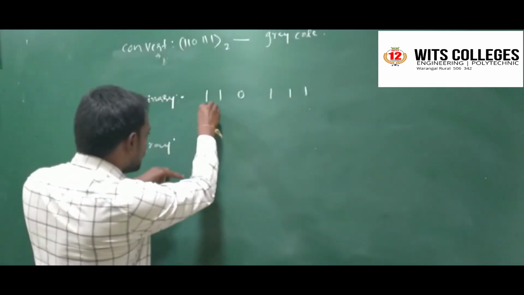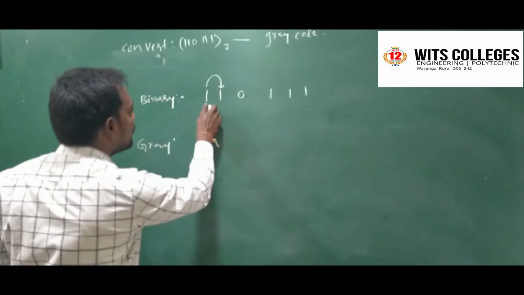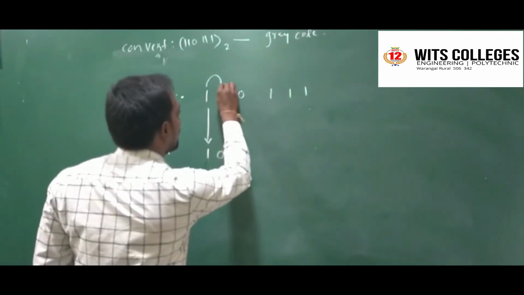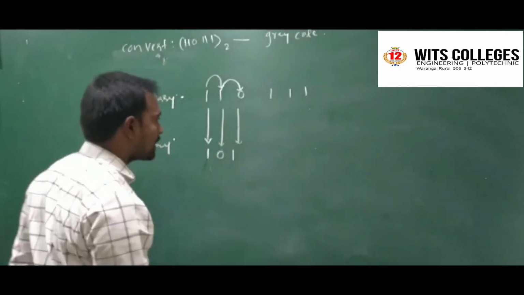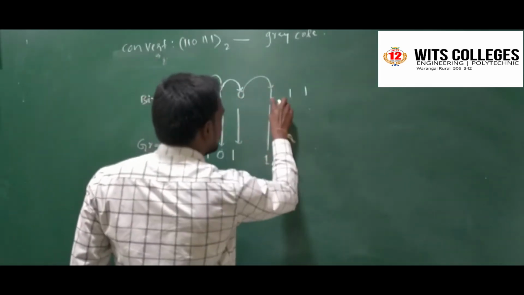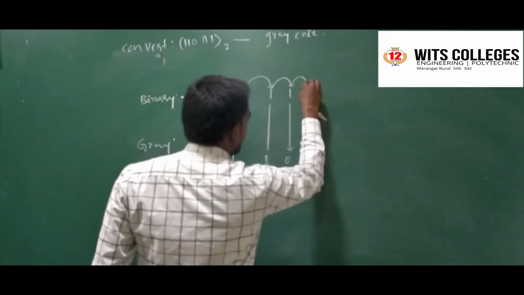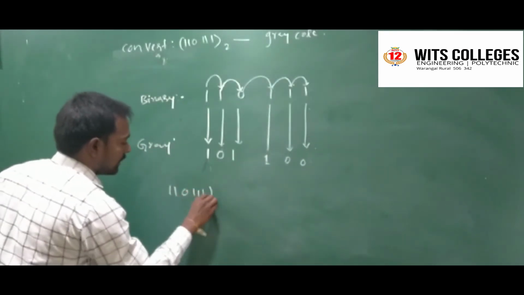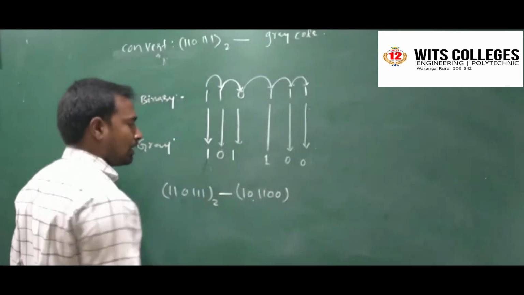I take the 1 as common here, and this 1 is added to the next digit: 1 plus 1 is 0. Then this 1 is added to the next: 1 plus 0 is 1. Then this 0 is added to the next: 0 plus 1 is 1. Then 1 plus 1 is 0, and 1 plus 1 is 0. So the binary number with base 2 equals the Gray code 101100.